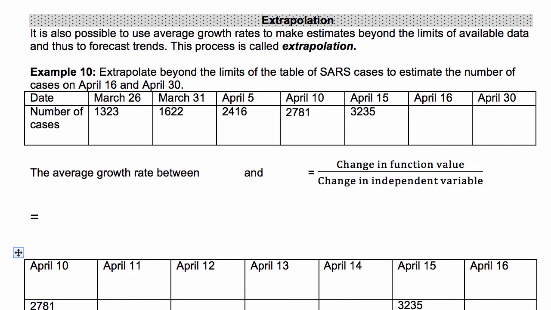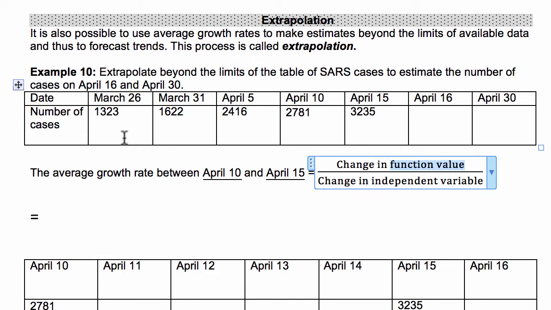Recall, the average growth rate between April 10th and April 15th can be found by the following formula: change in function value divided by change in independent variable. Remember, the function value is another name for the values corresponding to the dependent variable. In this case, the dependent variable, the variable we really care about, is the number of SARS cases.